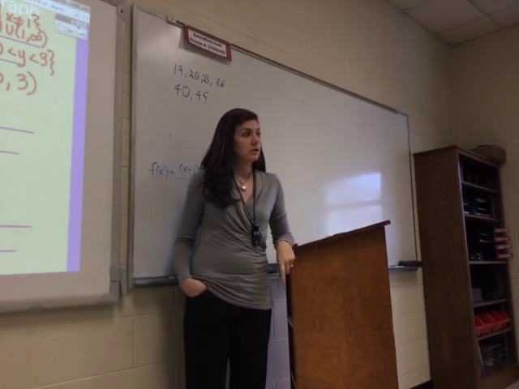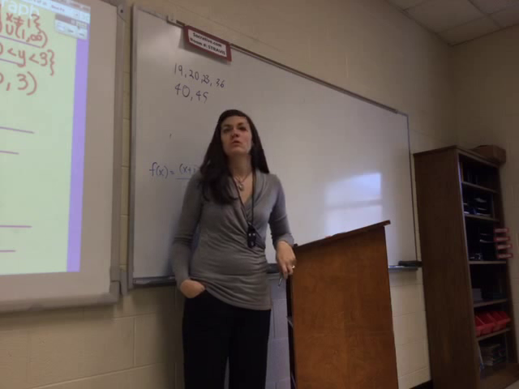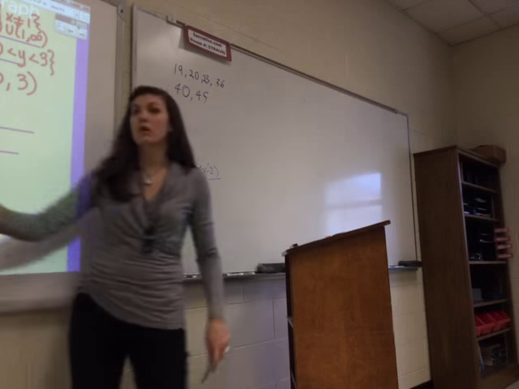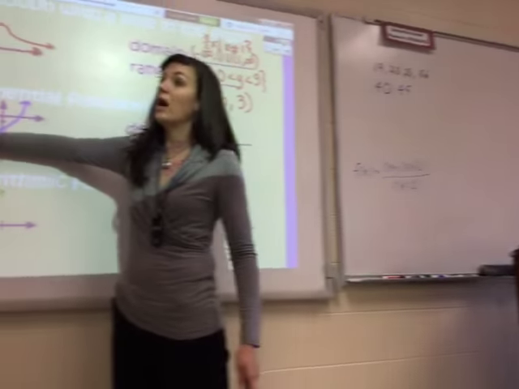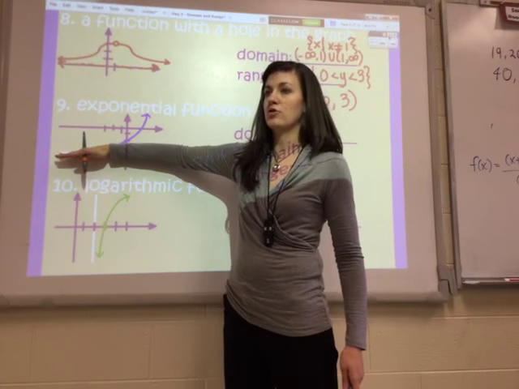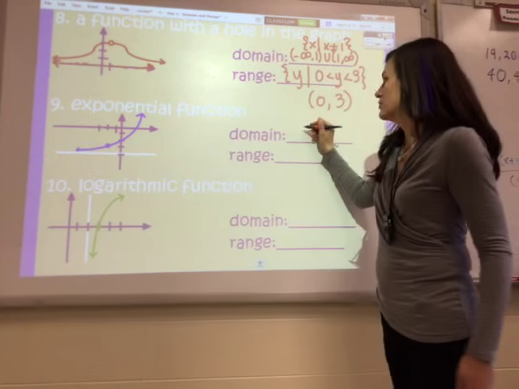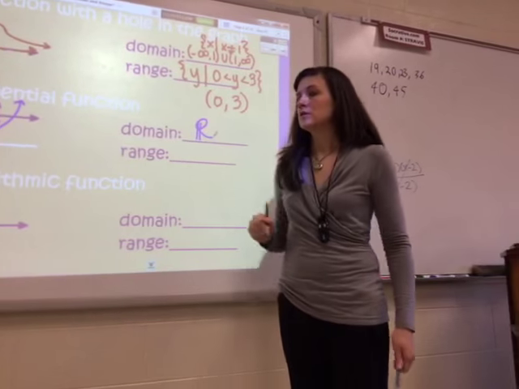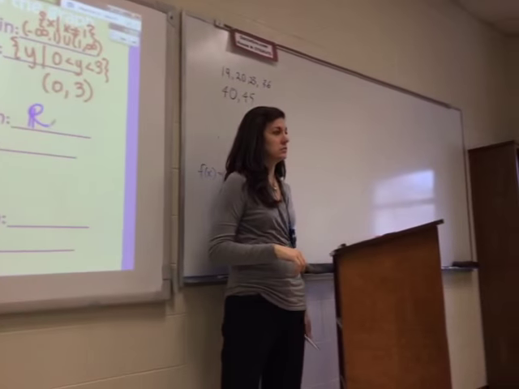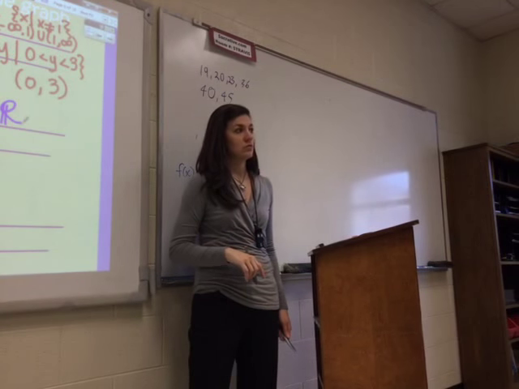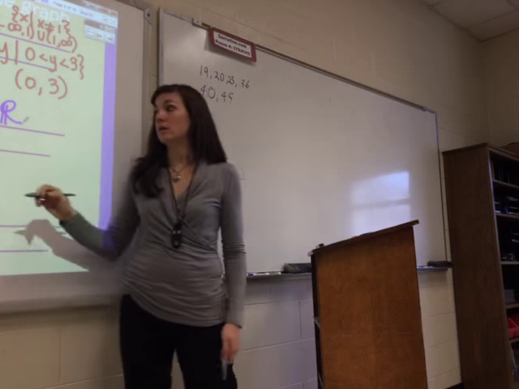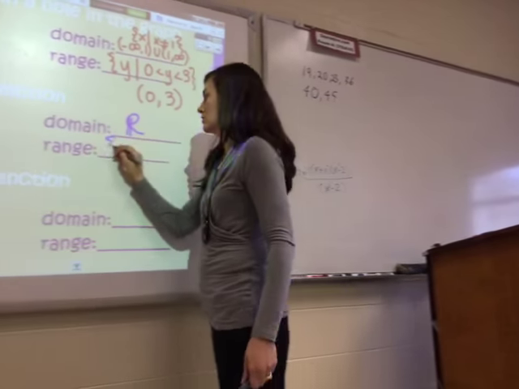The domain is all real numbers because there's a horizontal asymptote right here. This cuts my y's off, Colton, from going underneath that line, okay? So the domain is all reals. So what's the range now? y is greater than -4, okay?